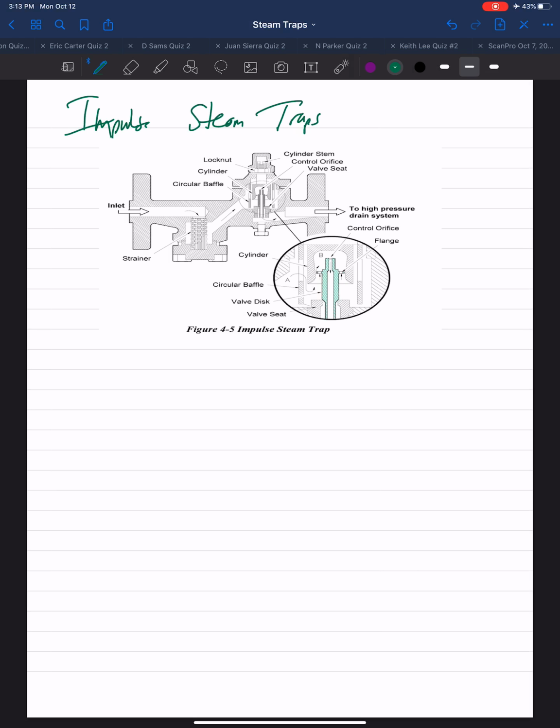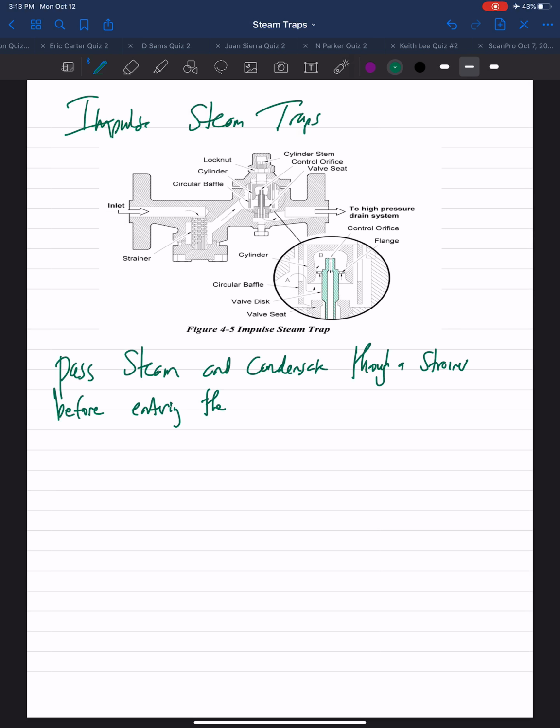Impulse steam traps pass steam and condensate through a strainer before entering the trap.